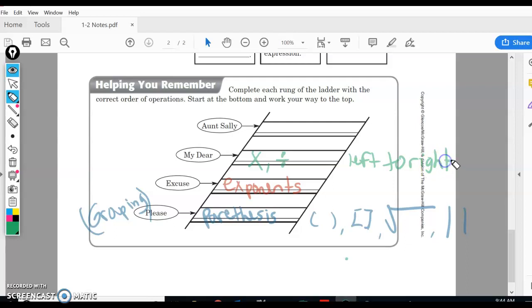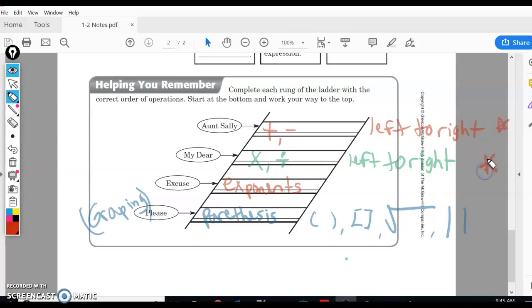When you have both multiplication and division left over, you need to worry about which one comes first and work your way left to right. Last but not least, we have addition and subtraction. And same thing with multiplication and division. You're also going to work left to right when you have both left over.